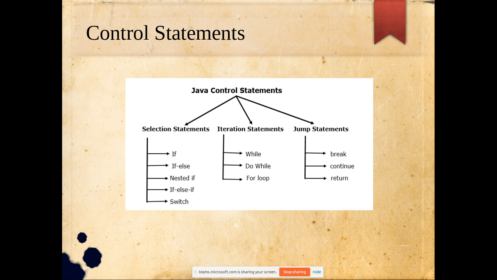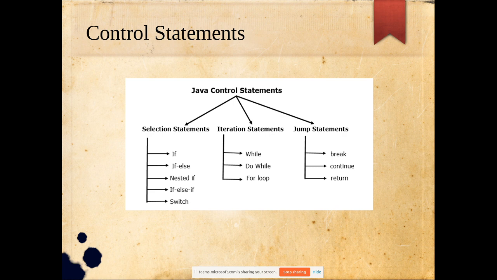First, the problem should be defined: what should be the input, what should be the output, and what should be our logic or the formula you will use to convert it to output. The statements you will write in a Java program are of several types. One is the selection statement or decision making statement. Another is the iteration statement, iterative statements, loop statements, or the jump statements.